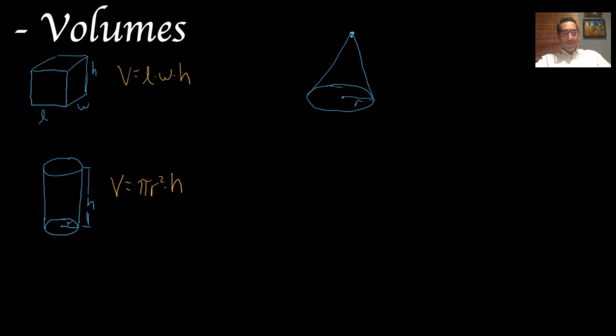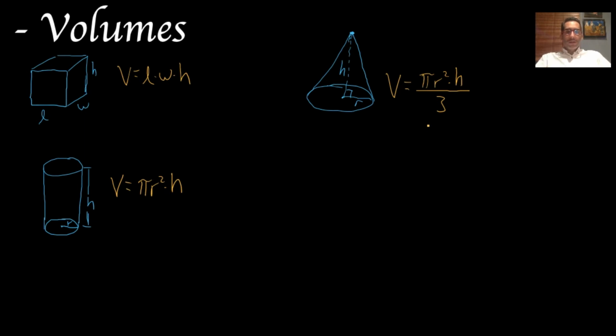Remember the definition of the height: the distance from the higher vertex perpendicular to the base. This will be the height. With those two values, we know that the volume will be equal to pi r squared times height, that's kind of a cylinder, but divided by 3. Okay, this will be the volume of a cone.